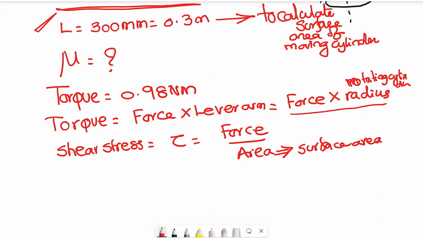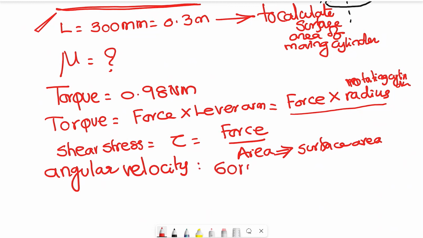And the last one he has given is what? The angular velocity. Angular velocity is in which units? RPM. But what we require is what? Tangential velocity, in meters per second.